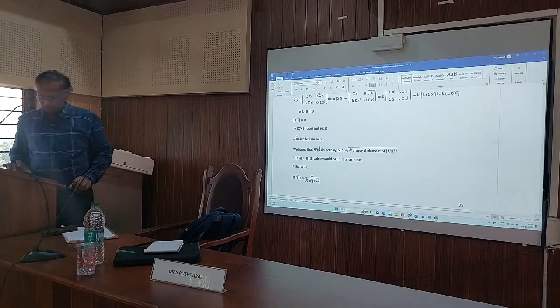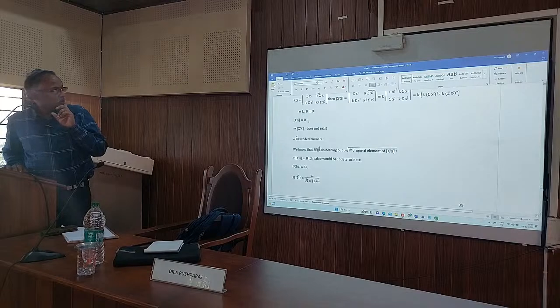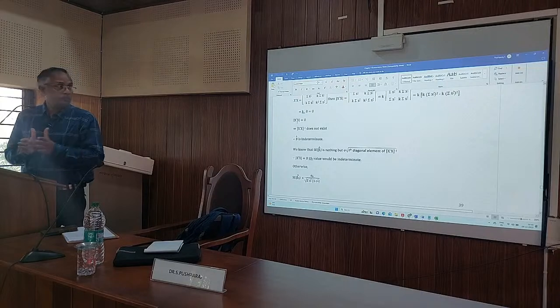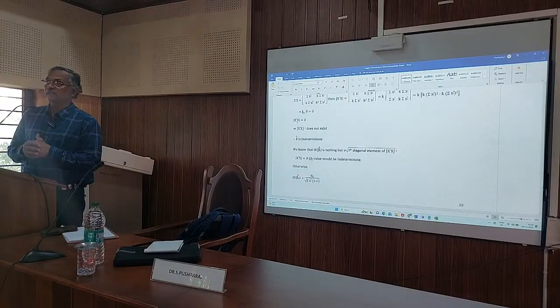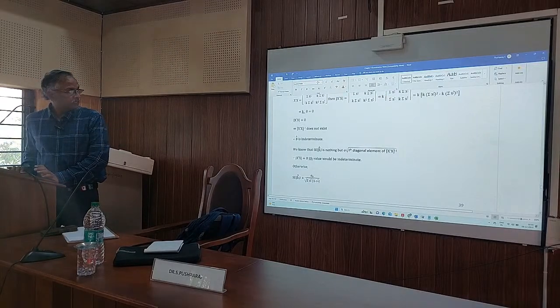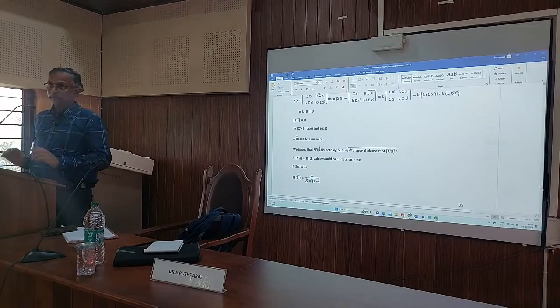This x dash x is singular if the correlation is perfect. If the correlation is perfect, the determinant of x dash x will be 0. If that is 0, you won't be able to find the inverse. The inverse of x dash x does not exist, and so the beta cannot be determined. This is the problem.